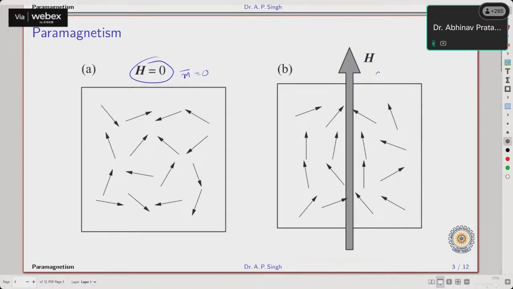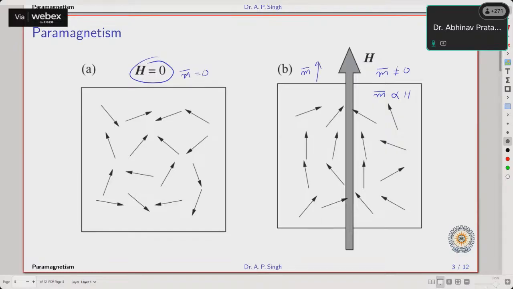That means you acquire some non-zero value, and this net dipole moment is proportional to the external field you have applied, and is in the same direction as the applied magnetic field.